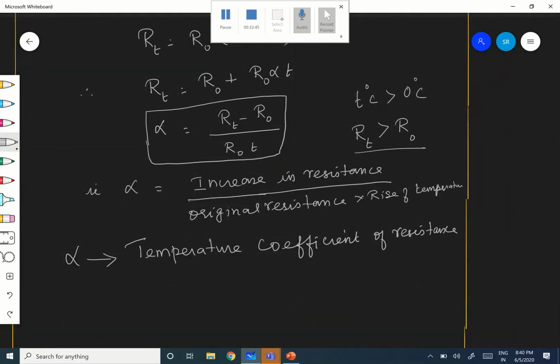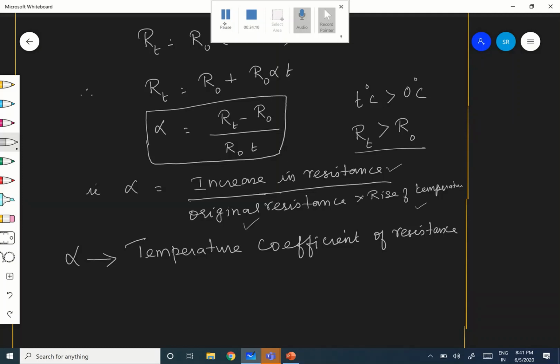How to define it? Temperature coefficient of resistance is defined as the increase in resistance per original resistance per degree rise of temperature.